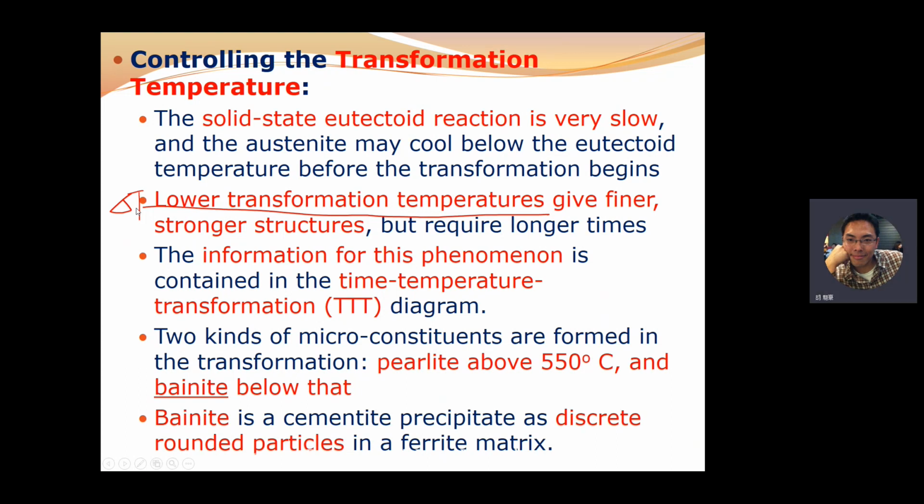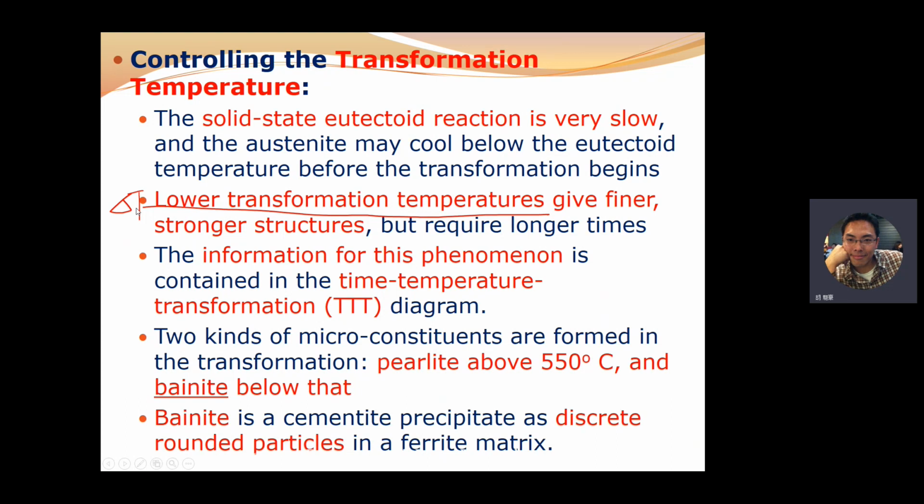If this delta T is higher, that gives a finer and stronger structure, but requires longer time. Information for this phenomenon is contained in the temperature-time-transformation diagram. It's called the TTT diagram. I will explain this later.